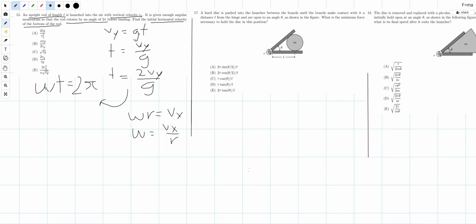So substituting this back into this equation, we get vx by r times t, and we can substitute t back into it directly as well, times 2 v sub y by g is equal to 2 pi.